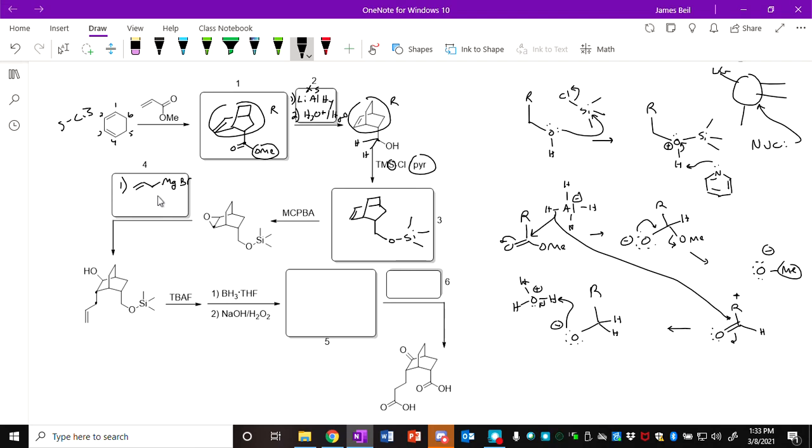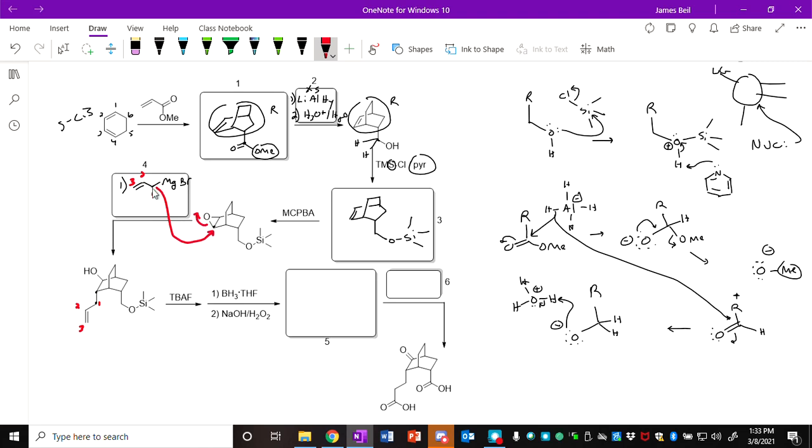So a lot of times students make mistakes here with the number of carbons. I want to count 1, 2, 3, 1, 2, 3. Right? There's no carbon here. This is showing a bond between carbon 1 and magnesium. So it's carbon 1 that will attack and open up the epoxide.